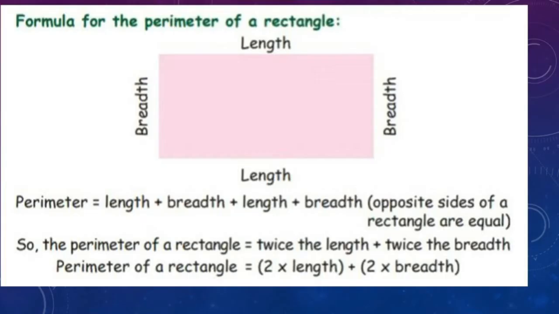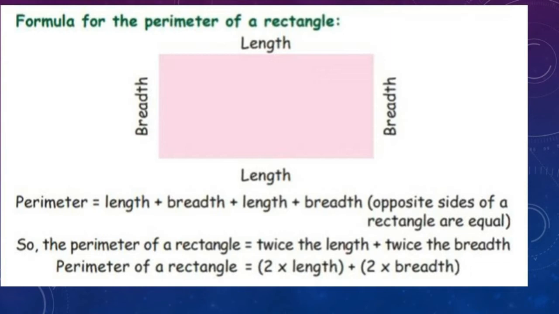Next we are going to see the formula for the perimeter of the rectangle. You all know a rectangle: the opposite sides are equal. So perimeter equals length plus breadth plus length plus breadth. That means twice the length plus twice the breadth.